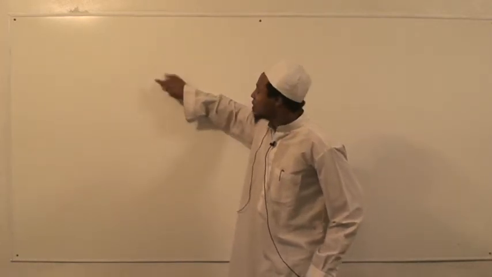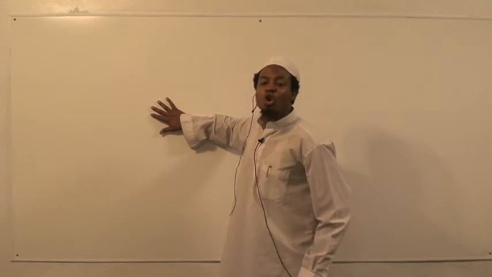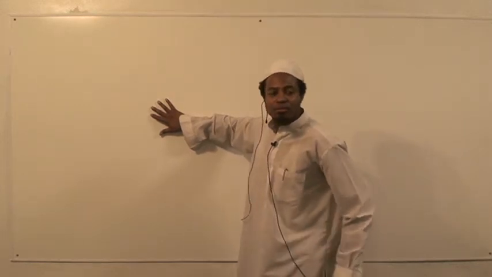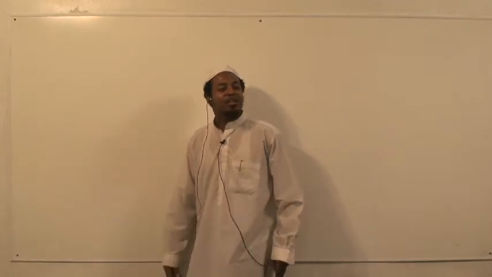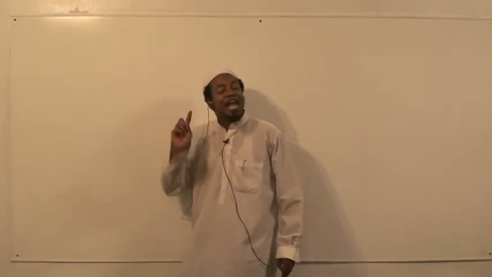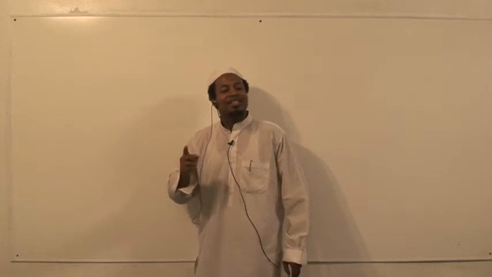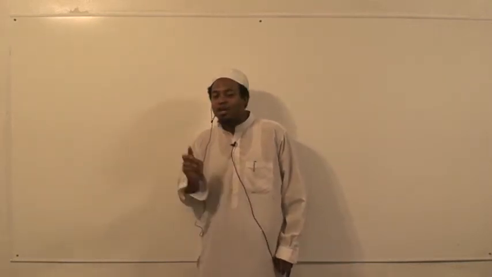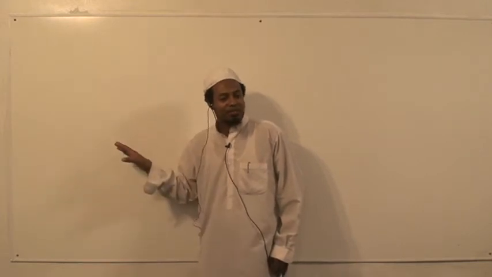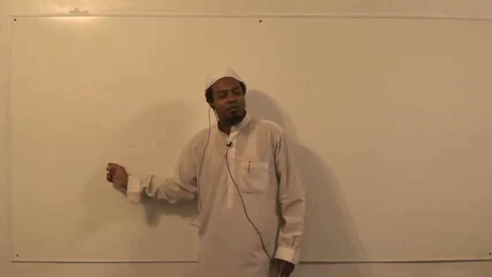Marartu bi mukhlisin. You see the ends change? Let's say Zaydun. Zaydan. Zaydin. You see those changes that happened at the end? That is for an ism.